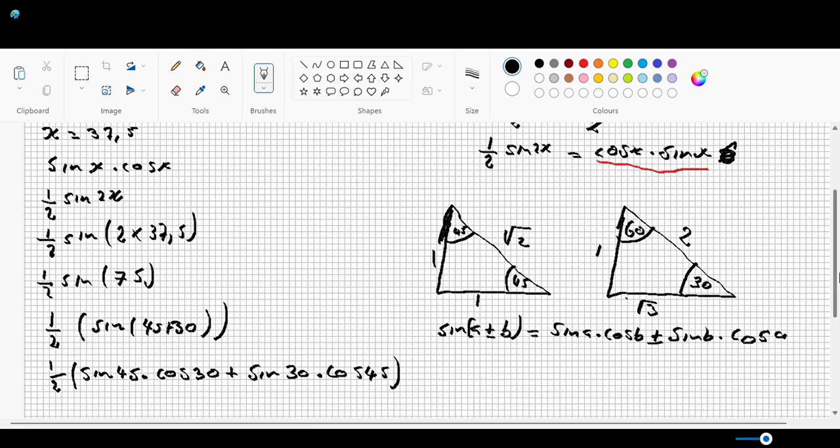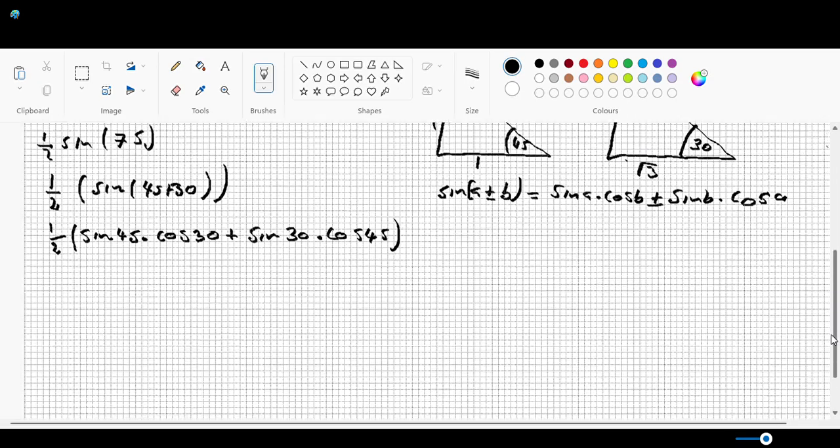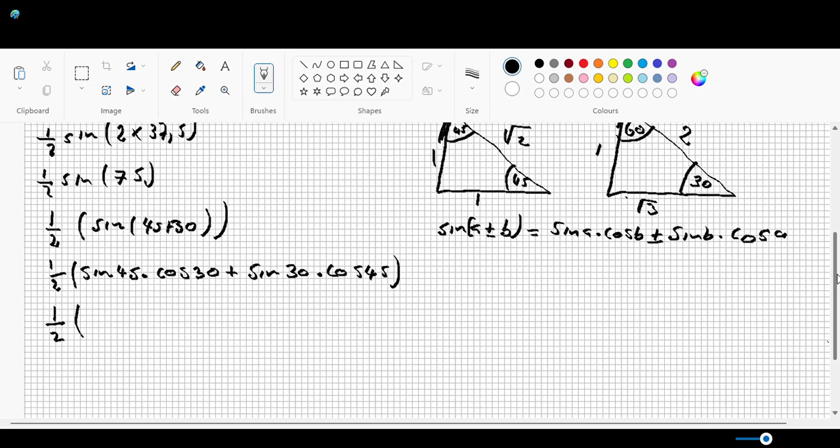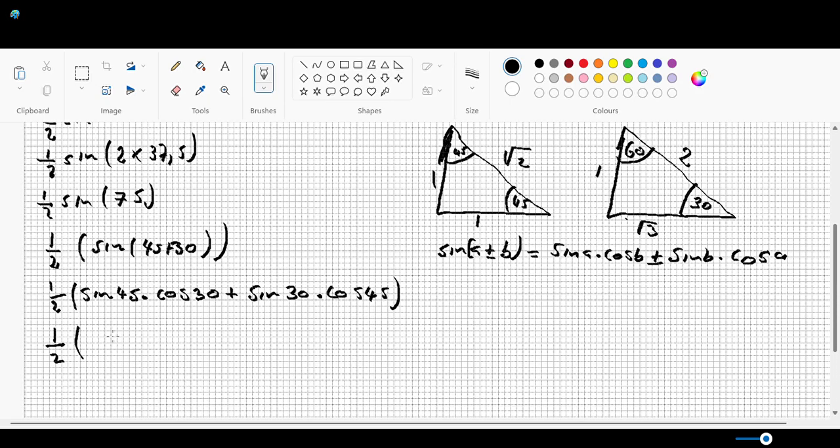So let me just create more space here, guys. We continue. So we have our half, which is going to be, what is sine 45? Let's just show the special angles. When you look at our triangles there, sine 45 is the same as 1 over root 2 multiplied by, what is cos 30?